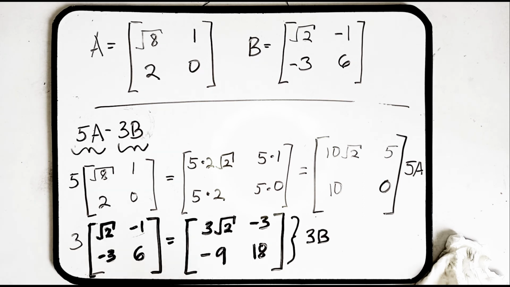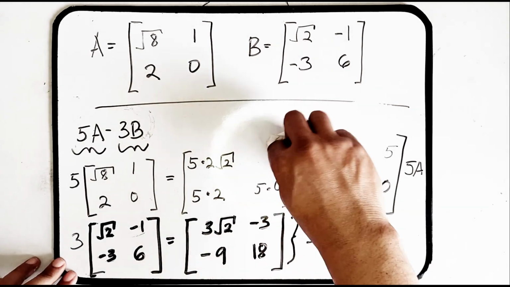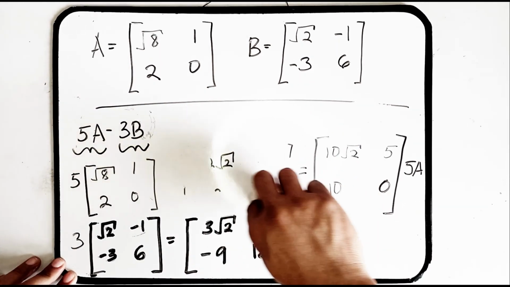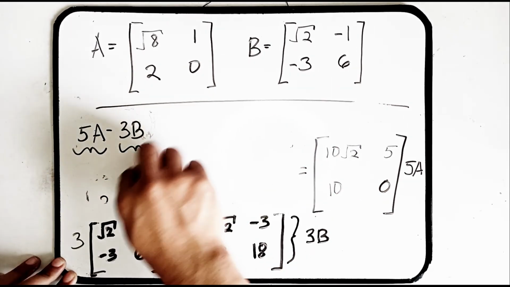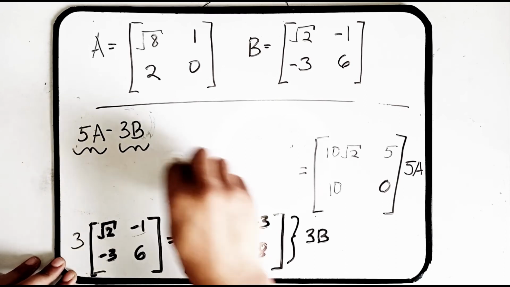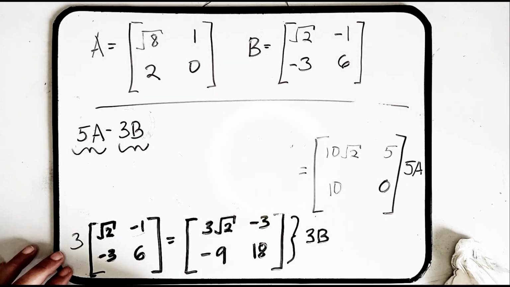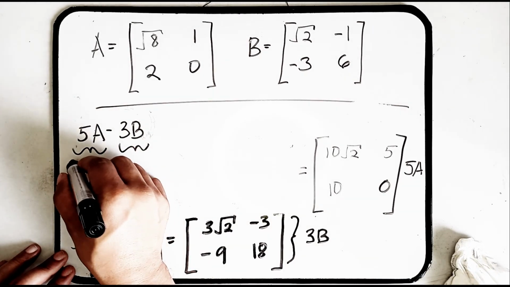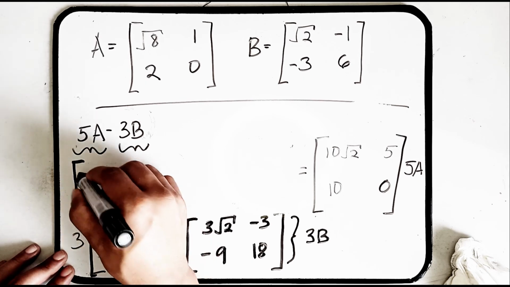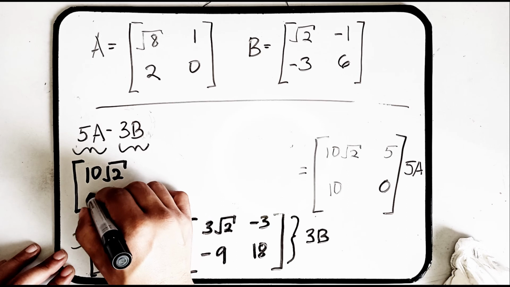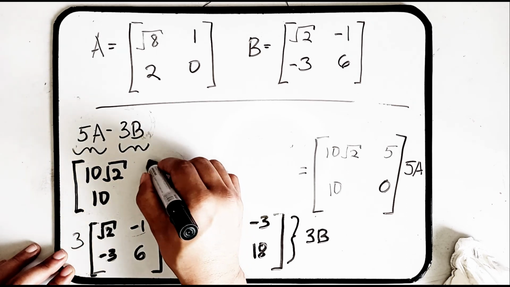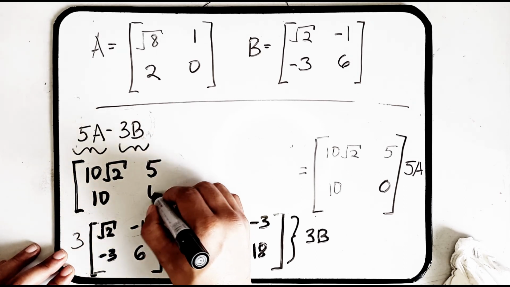Okay, so let's fix everything. Let's erase this. What we left here is just the 5a and 3b. Okay, I'm going to erase this for a while. For our 5a, the matrix for our 5a is 10, square root of 2, 10, 5, and then 0.